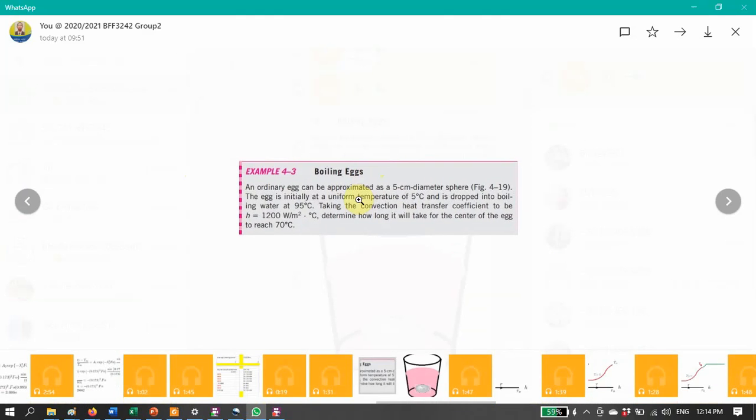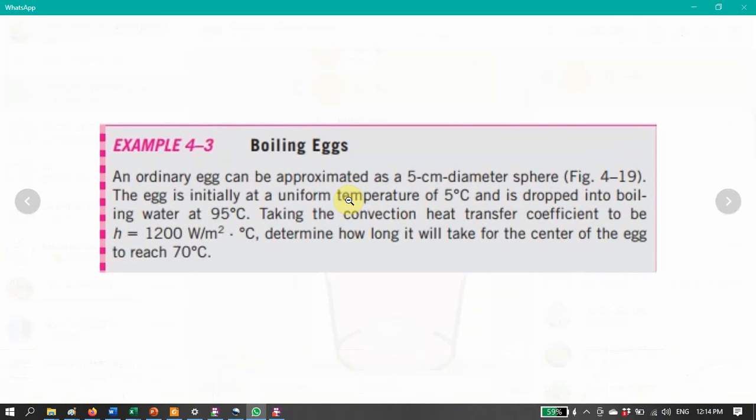The egg can be approximated as a 5 centimeter diameter sphere, and the egg is initially at a uniform temperature of 5 degrees Celsius. Most probably the egg is already in the refrigerator, right? So these are refrigeration temperatures, and suddenly the egg is dropped into boiling water at 95 degrees Celsius.